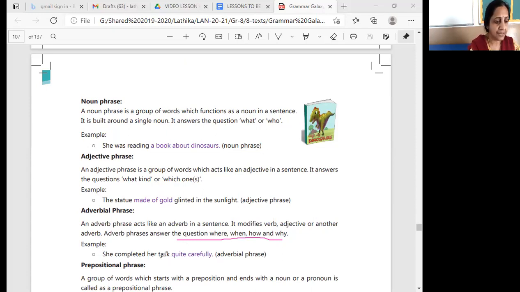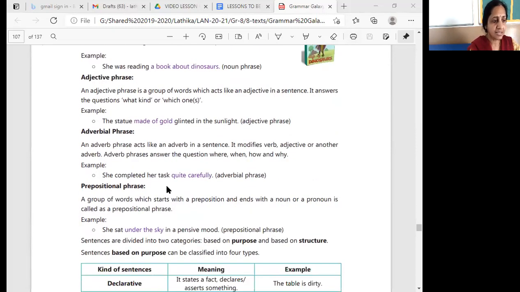She completed her task quite carefully. Again, it is giving you more information about how she completed the work. The verb is completed. How did she do it? She did it quite carefully.